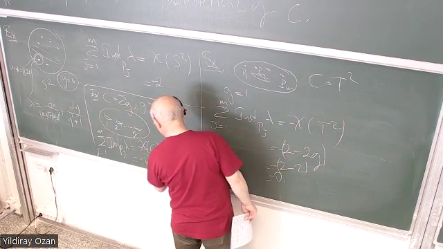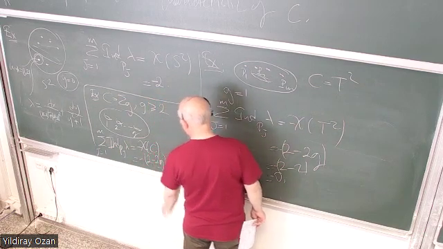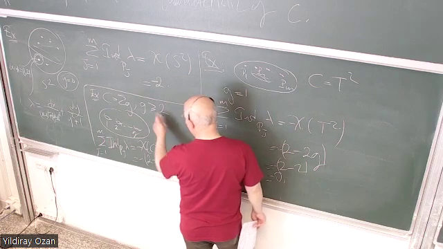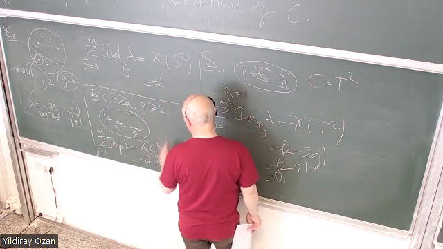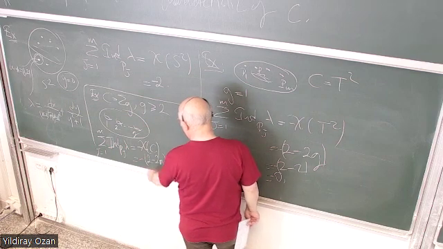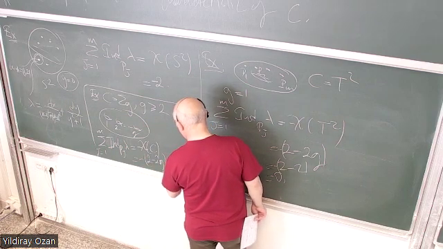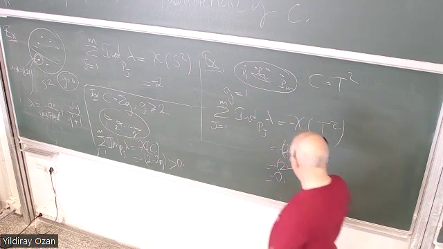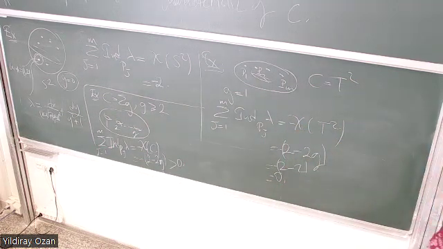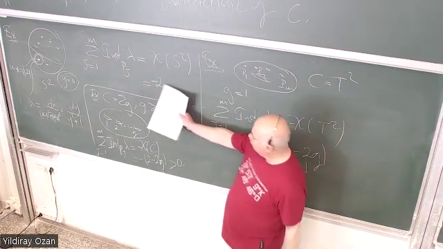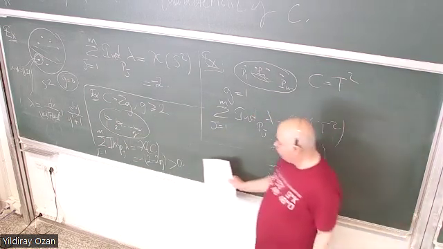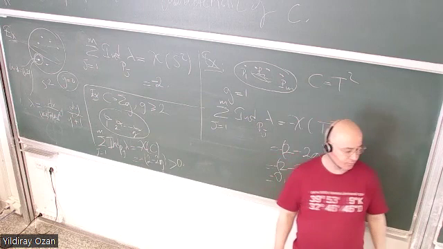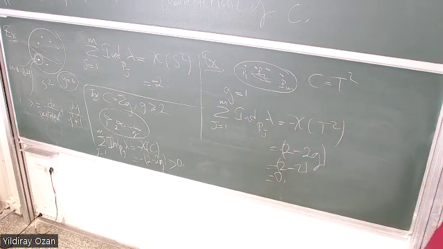Minus (2 minus 2g). 2 minus 2g is negative because g is larger than 2. But I have another negative sign, so this is a positive number. So for the sphere it is -2, for the torus it is 0, for all other surfaces it's a positive number. Okay.